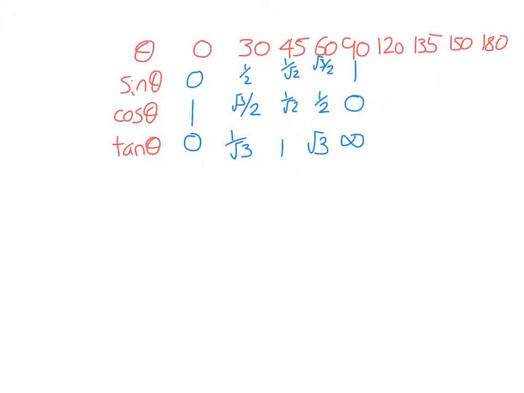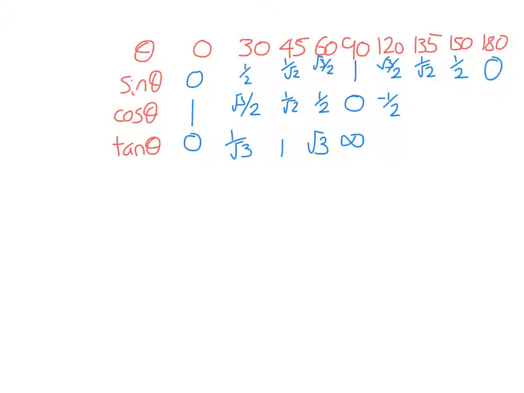So sine 120 is the same as sine 60. Sine 135 is the same as sine 45. Sine 150 is the same as sine 30. And sine 180 is the same as sine 0. So we'll now do for cos. So cos of 120 is the same as cos of 60, but it's negative.